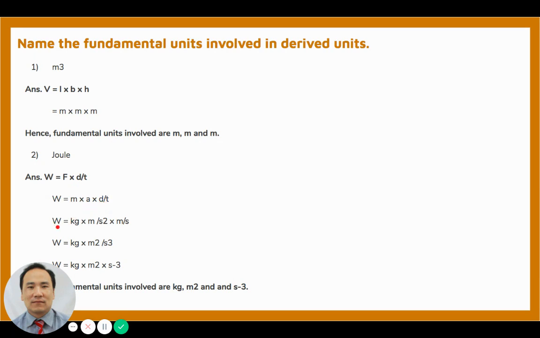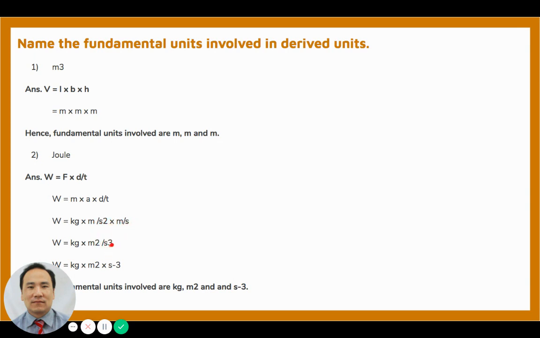Now put in the SI units. The SI unit of mass is kg. The acceleration unit is meter per square second, and distance is meter. In conclusion, kg, meter and meter make square meter, per second square.